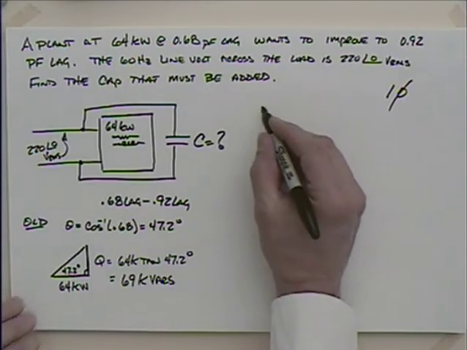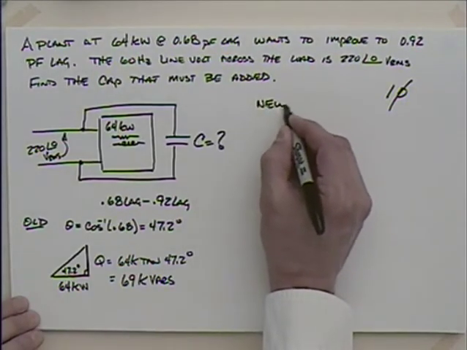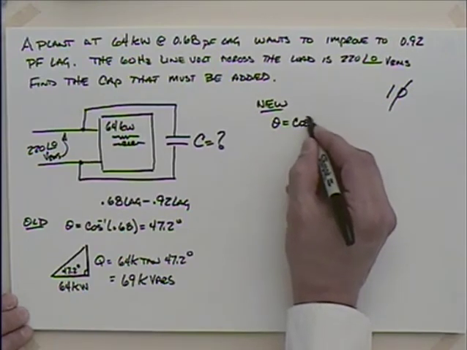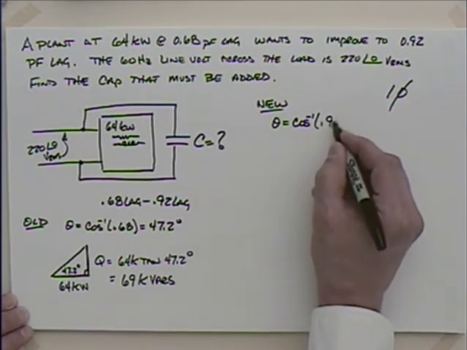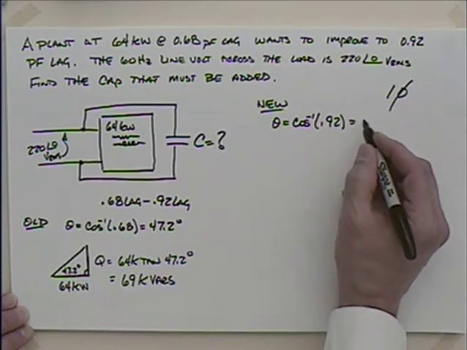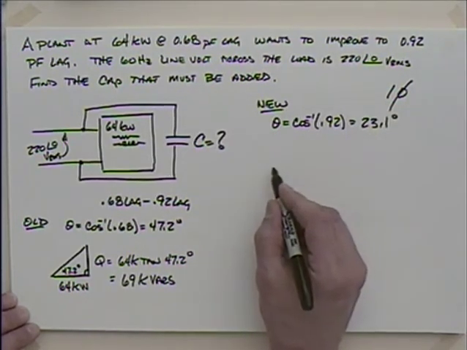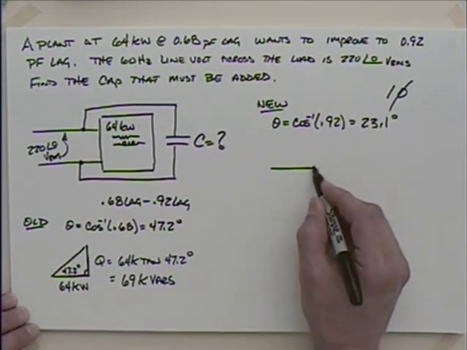So then if I talk about the new one over here, we're going to take that theta is equal to the arc cosine, the inverse cosine of 0.92. Should give me a much smaller angle, shouldn't it? 23.1 degrees. So I now have this triangle that looks something like this.